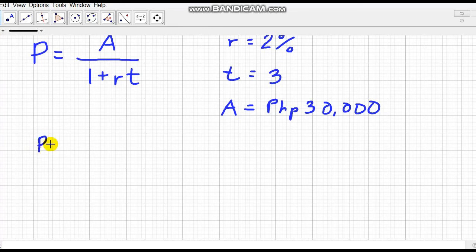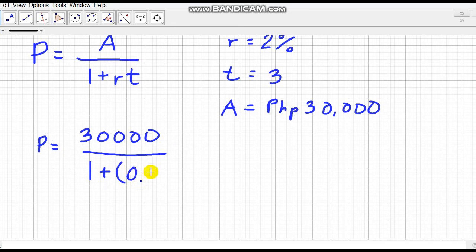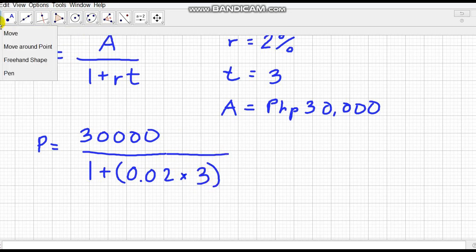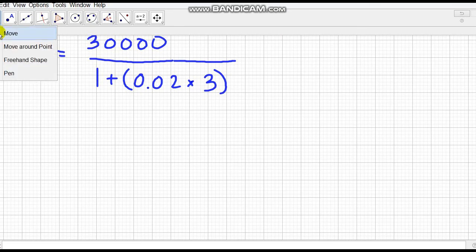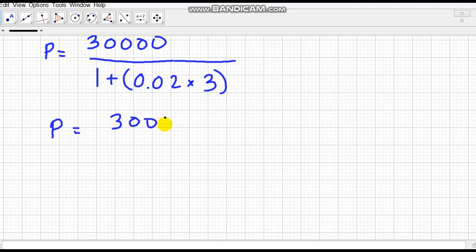So P is equal to A, which is 30,000, over 1 plus the rate, 2%, so that would be 0.02 times time, which is 3. So the present value would be 30,000 over 1, and 0.02 times 3 is 0.06, plus 1, that would be 1.06.